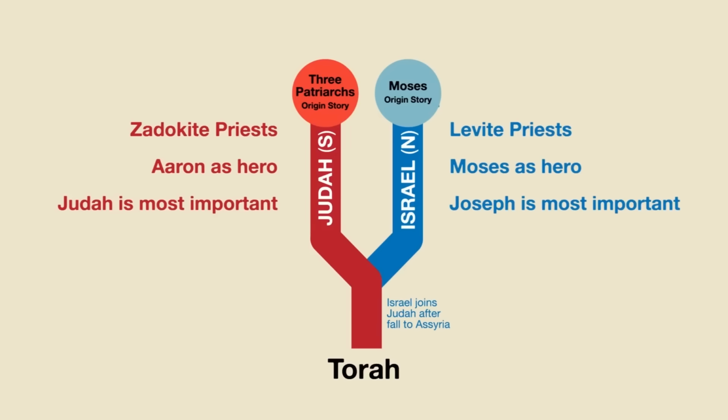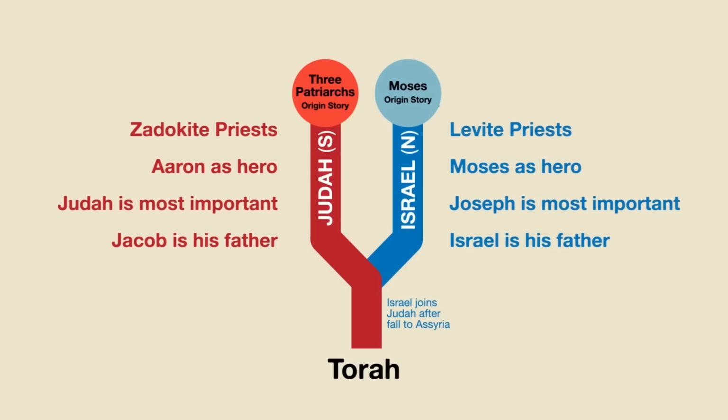In fact, it's possible that Joseph was originally not thought of as a son of Jacob at all. Note that Jacob has two names, Jacob and Israel. Maybe these were originally two separate people. Maybe Jacob was the father of Judah and Israel was the father of Joseph. Maybe it was only later that Jacob and Israel were merged into a single character.